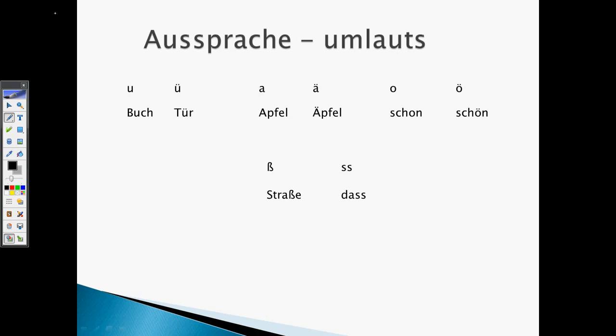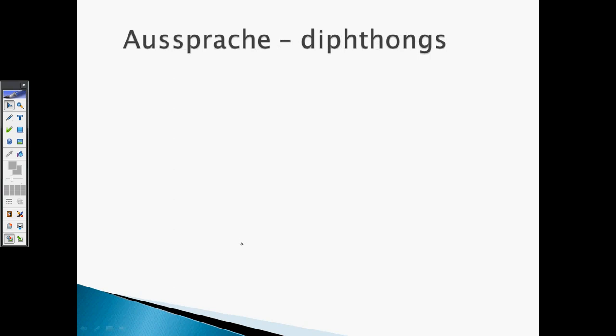Notice too that the Ü umlaut and the Ö umlaut are somewhat similar, but this one's a little bit more emphasized. Gut. In German, there are also things called diphthongs, yeah? Not only do you have to know the importance of pronouncing the alphabet phonetically within a word, but you have certain letter combinations, right?